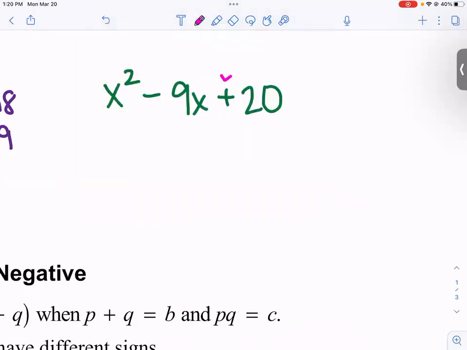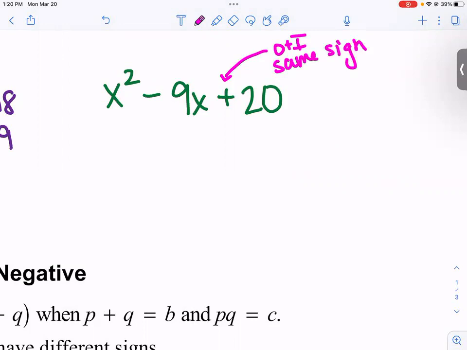Since the constant term is a positive, we know that O and I will have the same sign.